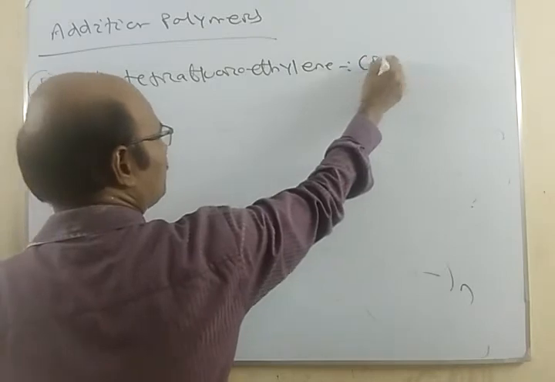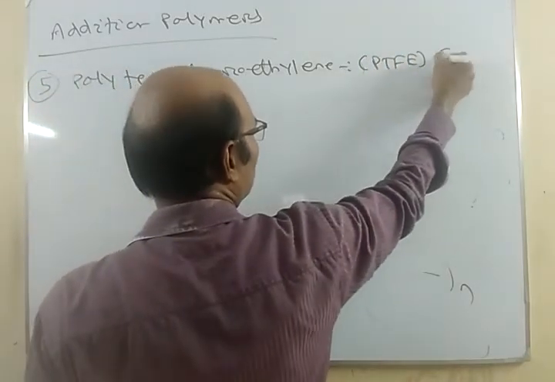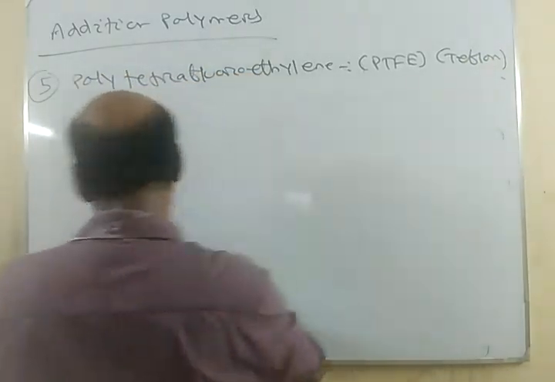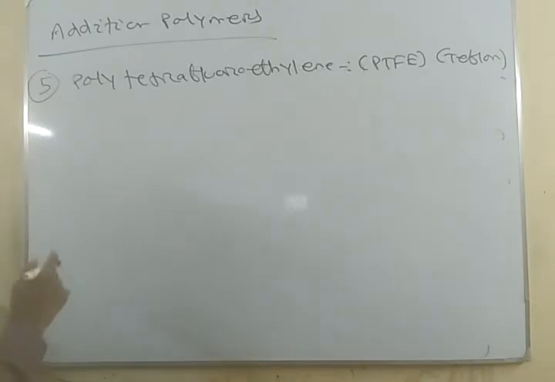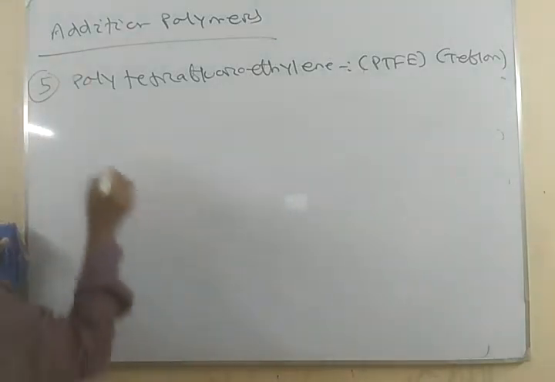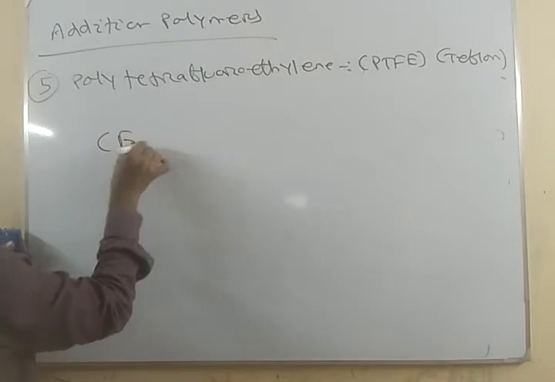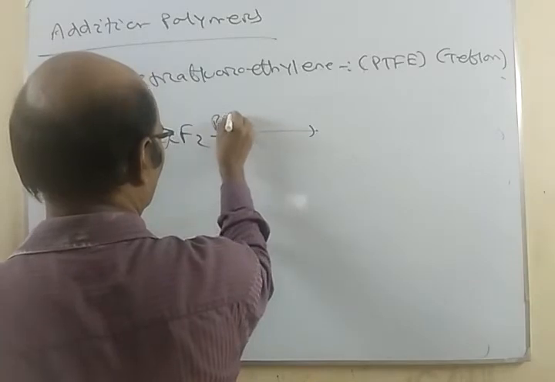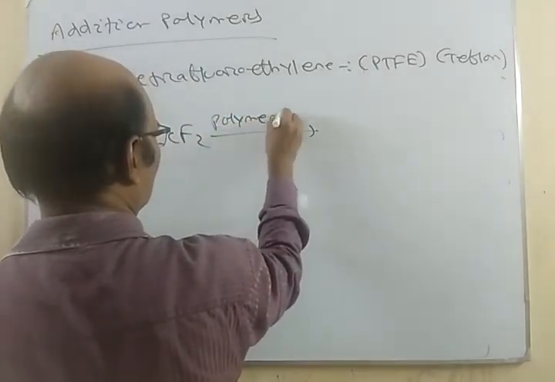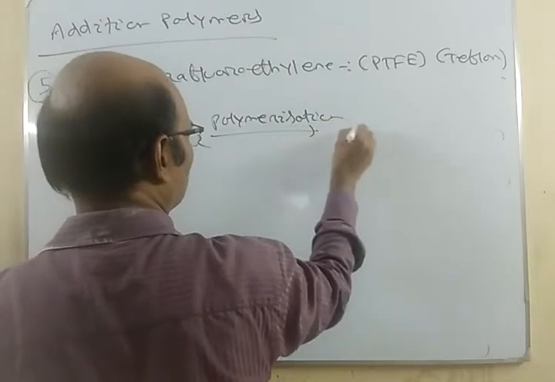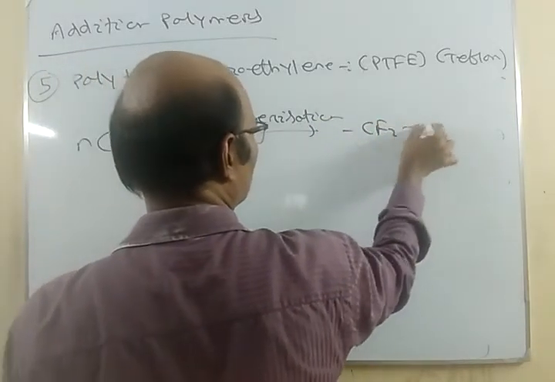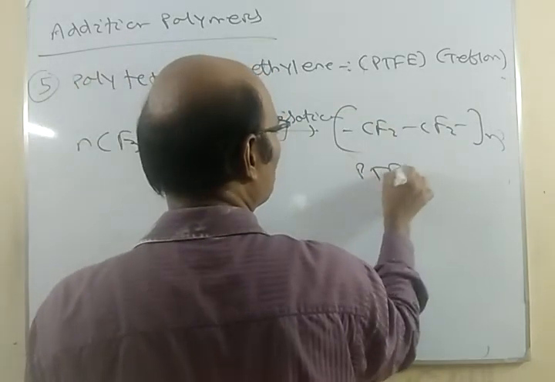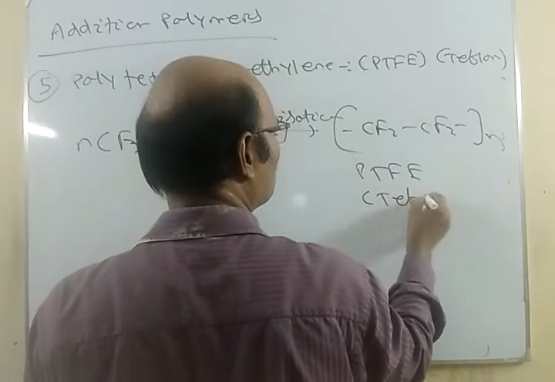Polytetrafluoroethylene, PTFE, or called what? Teflon. Okay. So polytetrafluoroethylene or Teflon is the polymer of tetrafluoroethylene, CF2=CF2. On polymerization, the (CF2-CF2) n is called PTFE or Teflon.